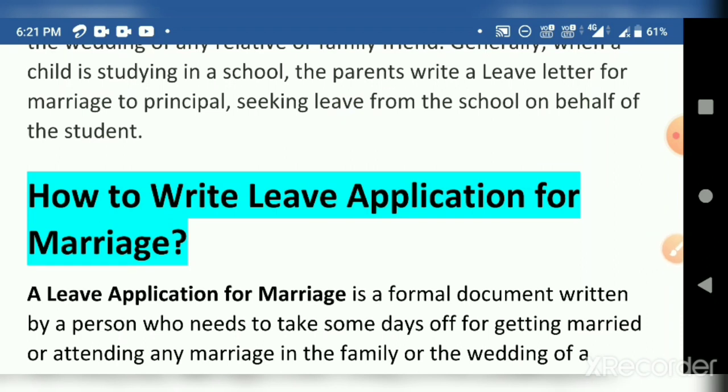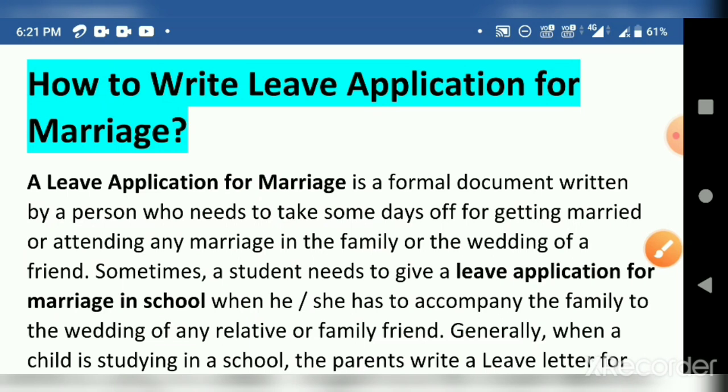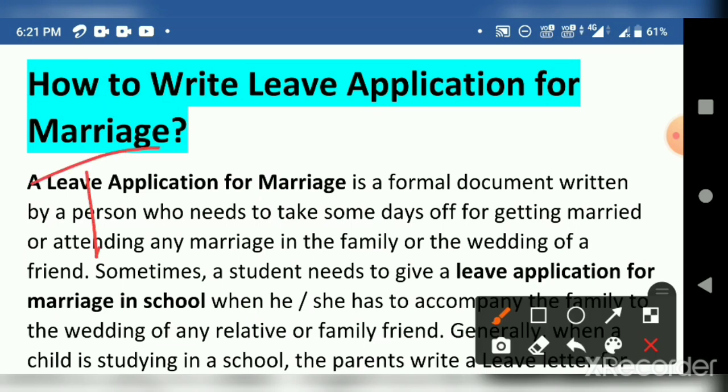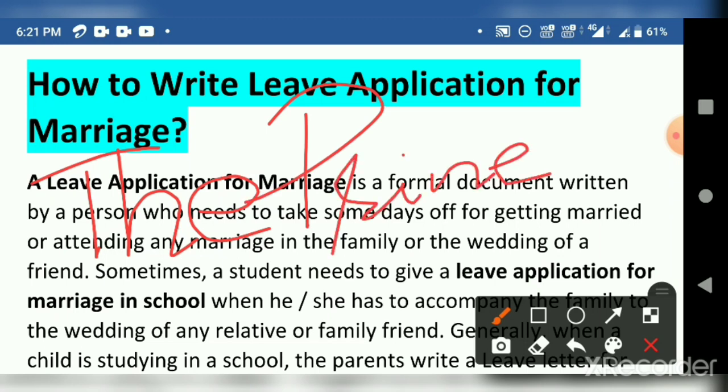Never write any leave application to the teacher. Never. All the leave applications must be written to the principal, not to the class teacher.